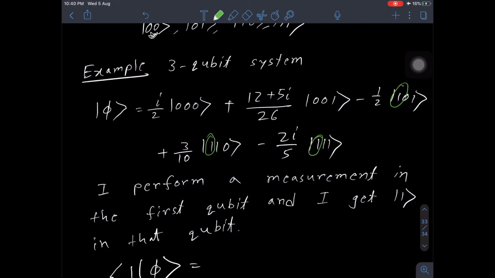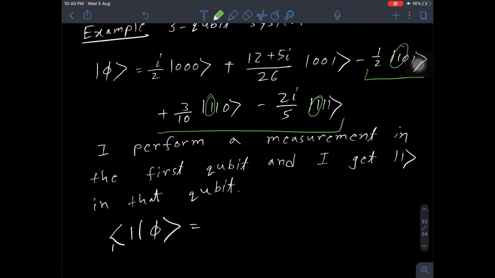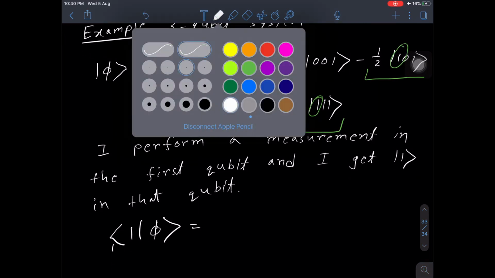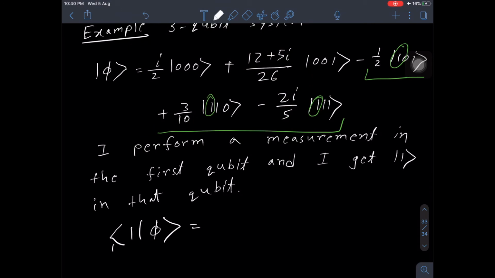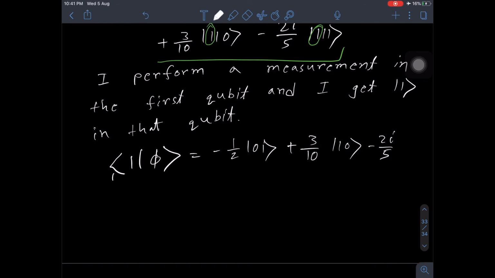So you will get these 3 terms, because when you take this inner product, these are the only terms that survive, right? So this inner product will be minus half 01, plus 3 by 10 10, minus 2i by 5 11.